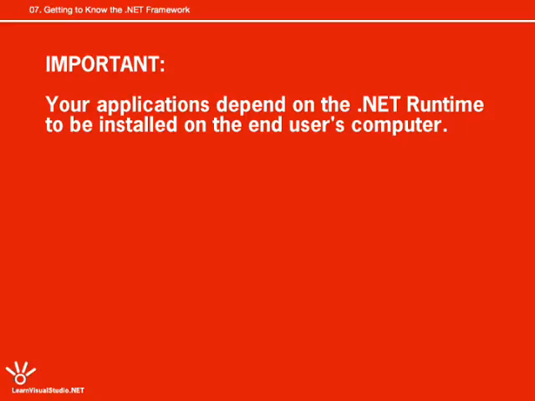However, when you create an installation program that places your program on the user's hard drive and creates a nice little icon in their start menu, the install program that you create with Visual Basic 2005 Express Edition can also include the .NET runtime. So if a user doesn't have the particular version of the runtime that you compiled your application with, then it could be installed during the installation routine for your application.